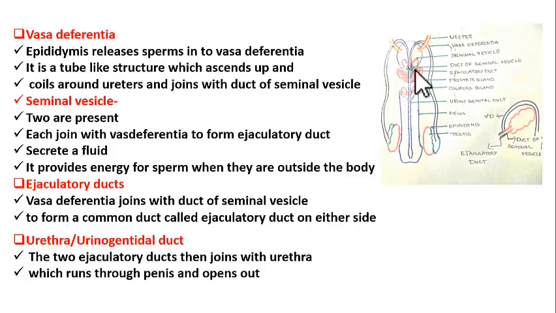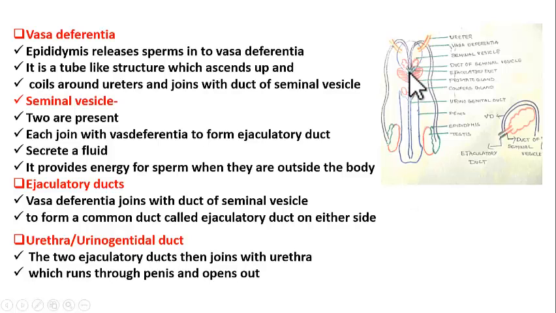Next is urethra. Urethra is this long pipe which passes through penis and opens to outside. So the two ejaculatory ducts, which are bringing sperms with the fluid, enter into the urethra and pass out.